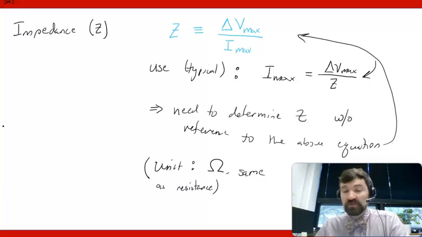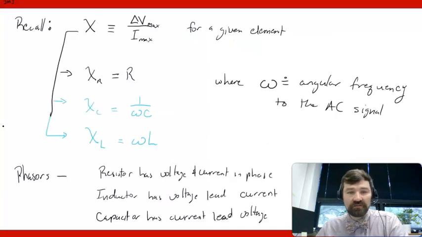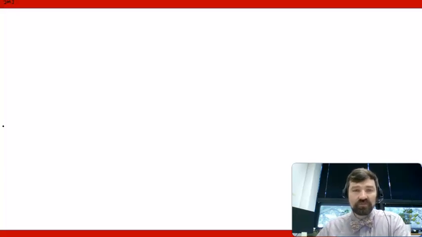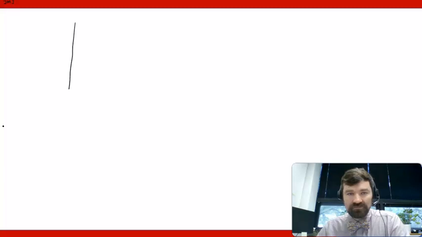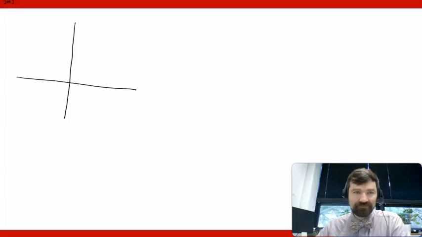We may even be using the definition to solve problems, but we need another expression for impedance, preferably one that is in terms of the known reactances of the elements that we're using. And in order to get that, you have to return to your phase diagrams.